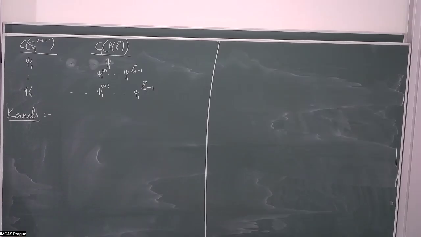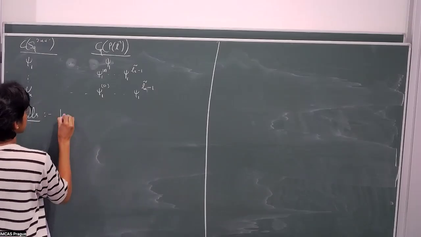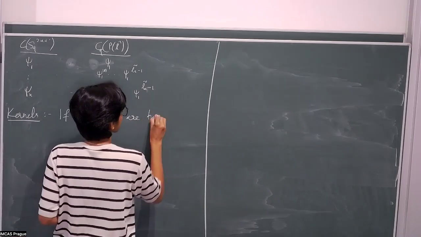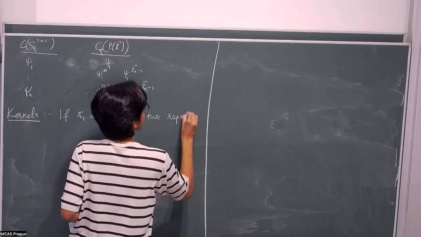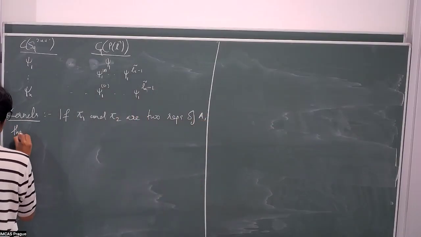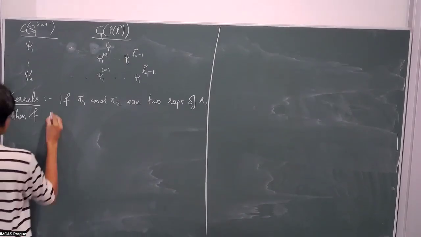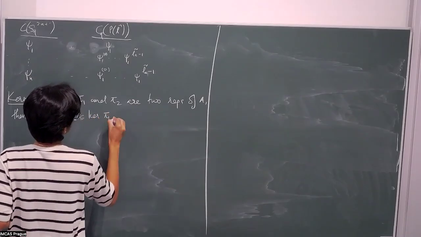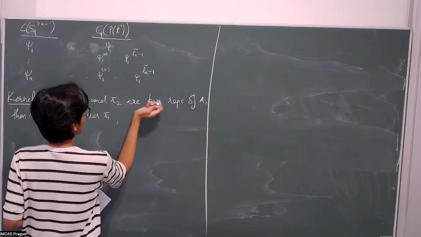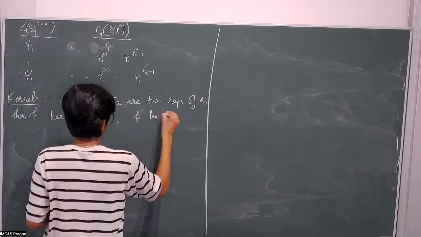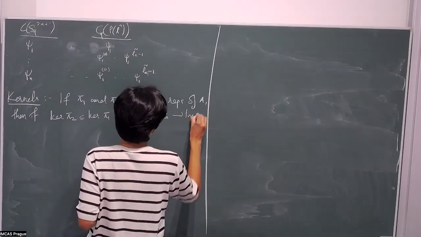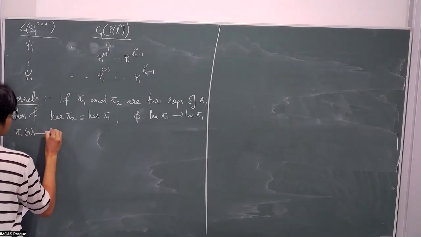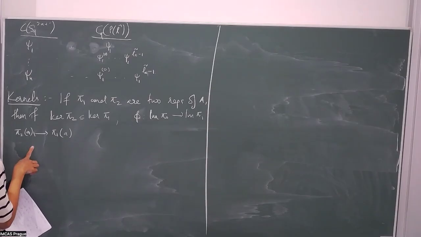So for this, one observation that we can make is that if phi1 and phi2 are two representations of a C-star algebra, two reps of A, then if the kernel of phi2 is contained in the kernel of phi1, then I can define a map phi from the image of phi2 to the image of phi1 by just sending phi2 of a to phi1 of a, and this gives me a well-defined star homomorphism.